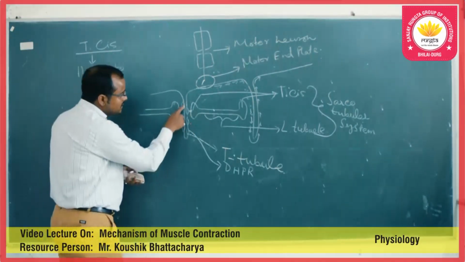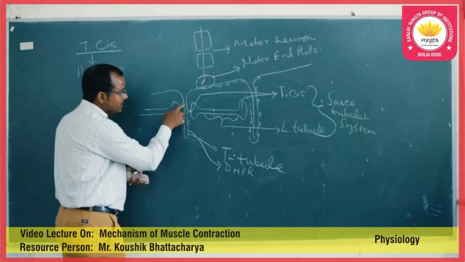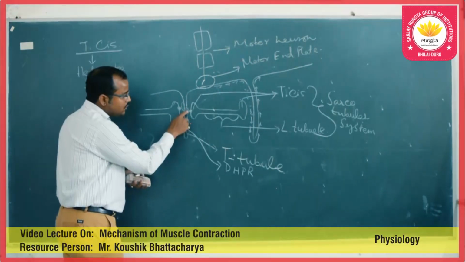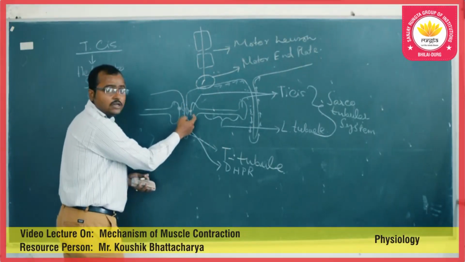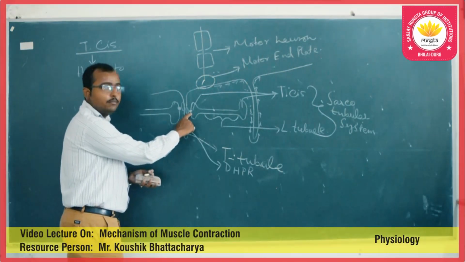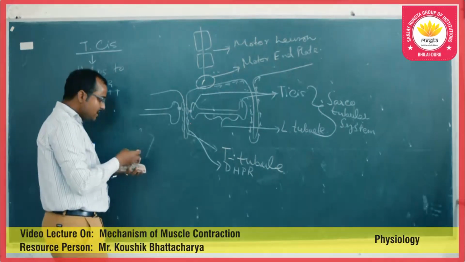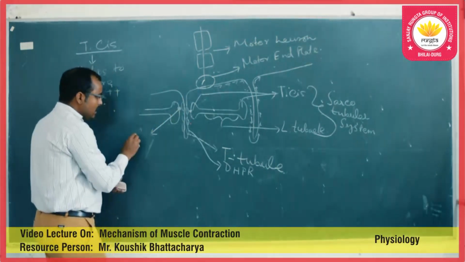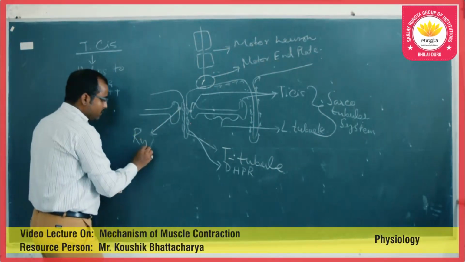These are the DHPR. Just opposite to the DHPR on the terminal cisternae, one specific membrane protein is present. The name of that specific protein is ryanodine receptor protein.